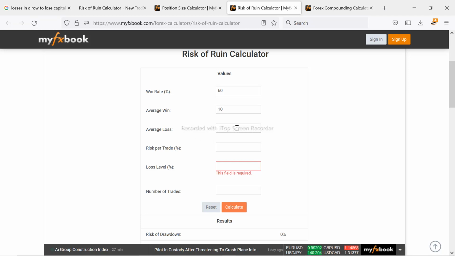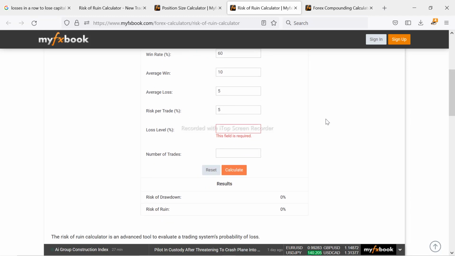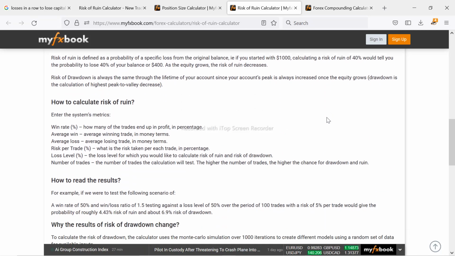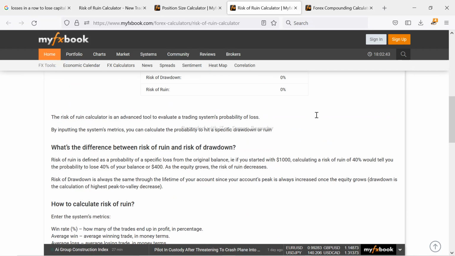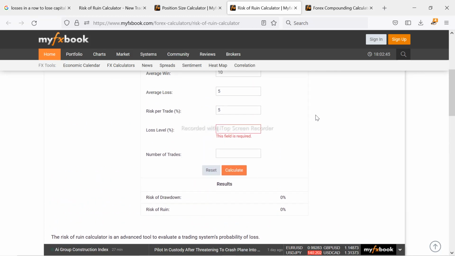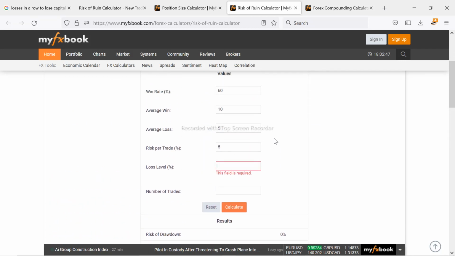The average loss is gonna be $5, which is 5% of $100. Then you calculate the likelihood that you're gonna lose what percentage of your account. So let's put 100% of your account, okay?